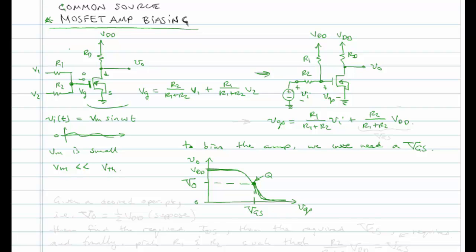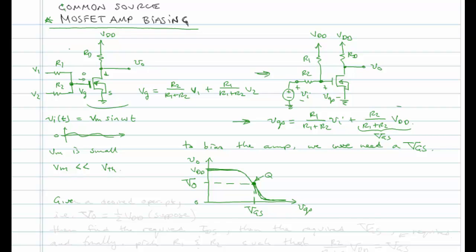So what we have in our weighted sum expression back here is we have VGS being a function of VI plus a function of VDD. And if we adjust R2 and R1 for a given VDD, we can actually produce a VGS. So this is how we'll proceed.